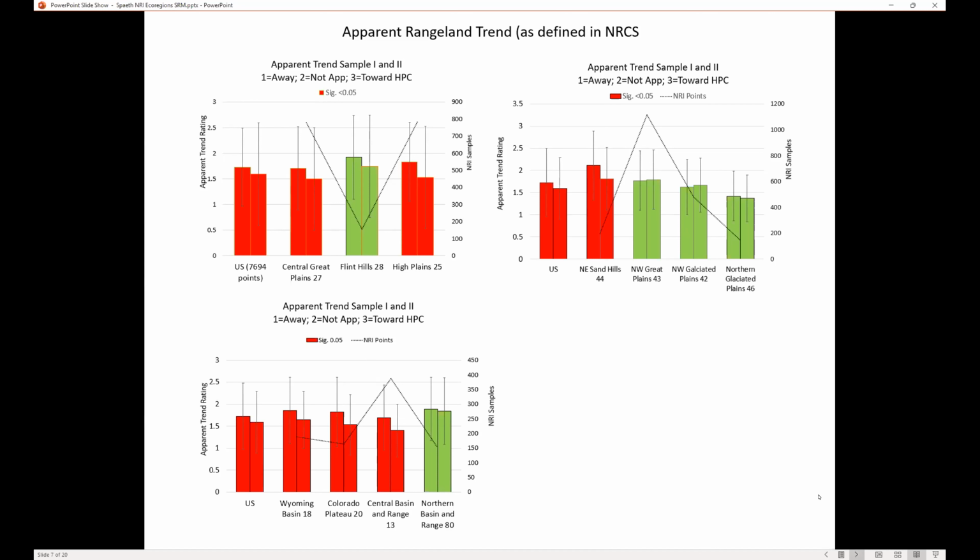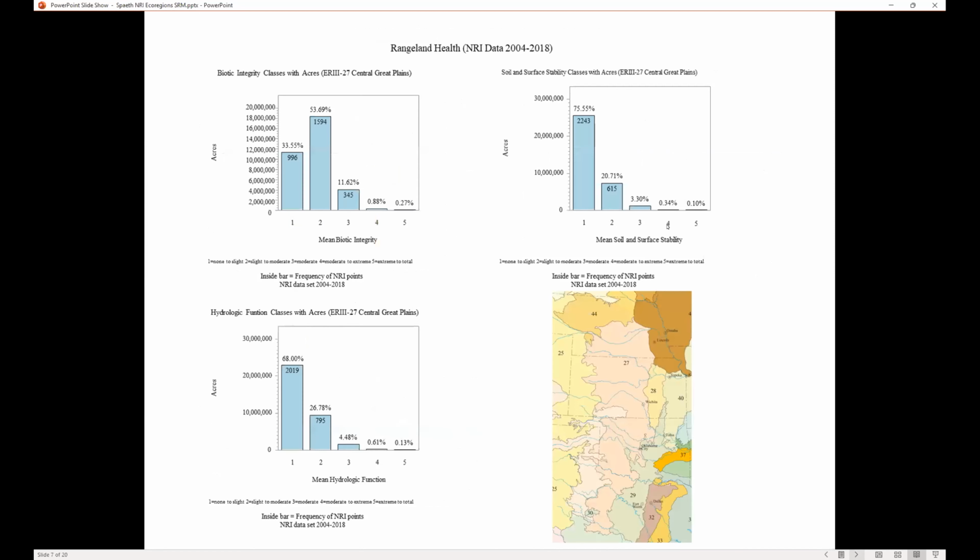So now we'll look at Rangeland Health, and this is just an example of the Central Great Plains. So we subdivided the data into the categories. If you're familiar with Rangeland Health, there's 5 categories. The first one is none to slight departure from reference, to the most extreme, total departure from reference.